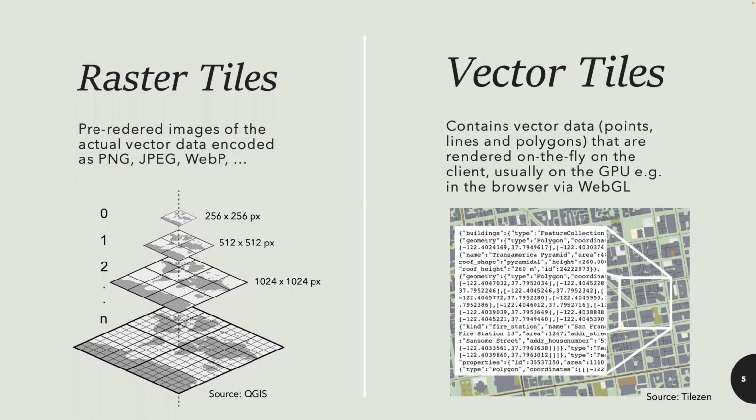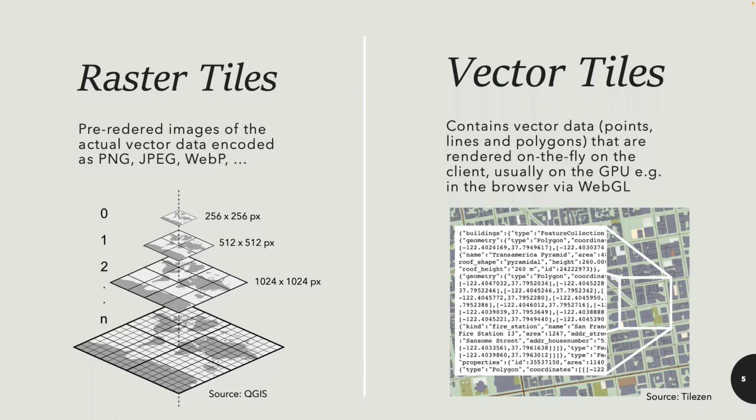Now compared with vector tiles, you have the same approach, but a tile does not contain a picture of the vector data, it contains the actual vector data. Normally, these vector tiles are based on the simple feature access model of the OGC, which means the vector data are encoded as points, lines, or polygons.